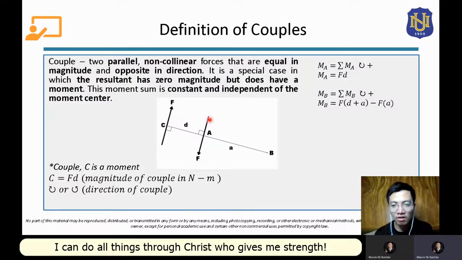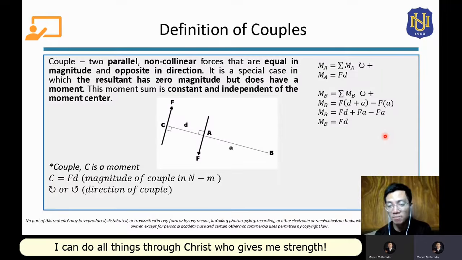Now, this force will also have a moment about point B. It will have F times its moment arm, which will be A, so that will be F times A. Its direction will be counterclockwise about point B, so it will give you negative here. Simplifying this, it will become F times D plus F times A minus F times A. So FA will be canceled here, and what will remain here is just FD.